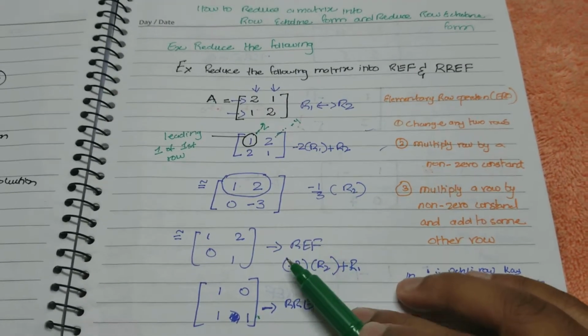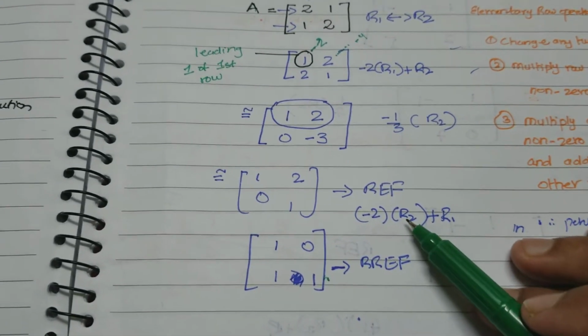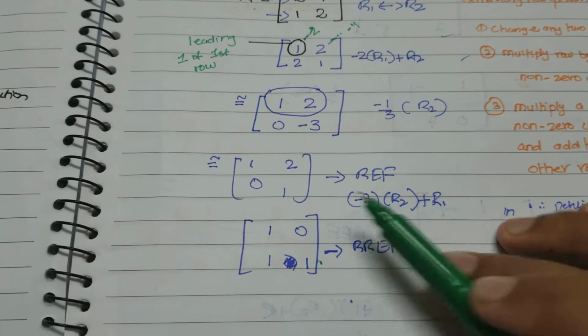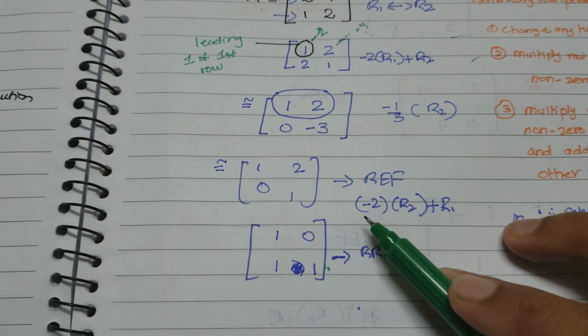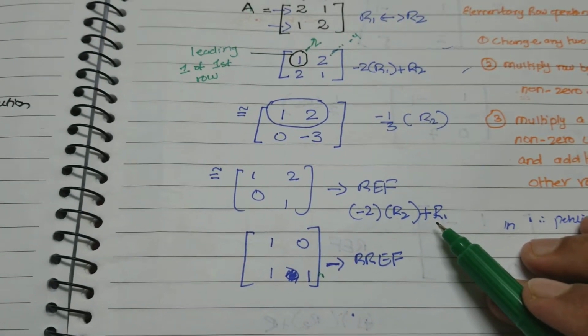What is the reduced row equivalent form? Now we'll further reduce this. We take row 2 multiplied by negative 2 and add it into R1.